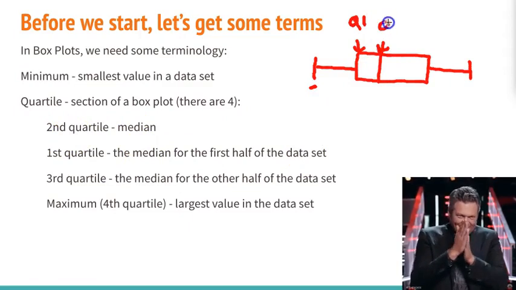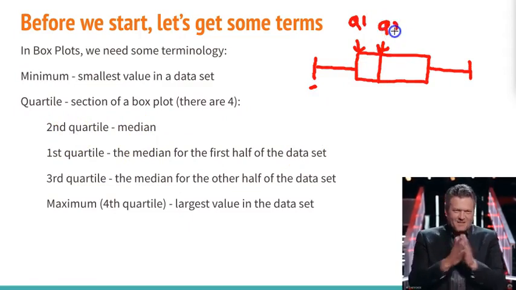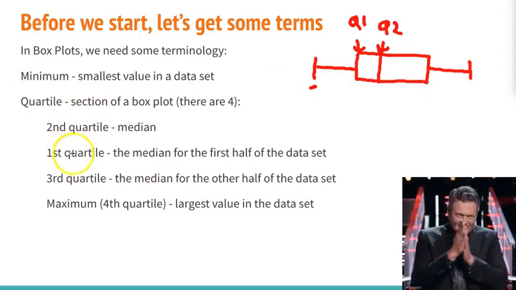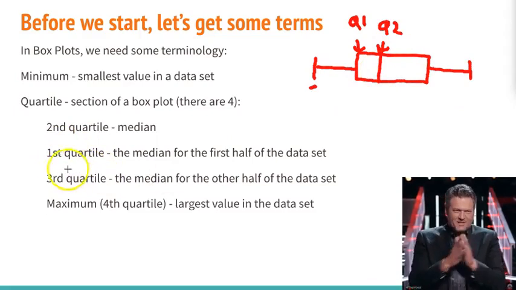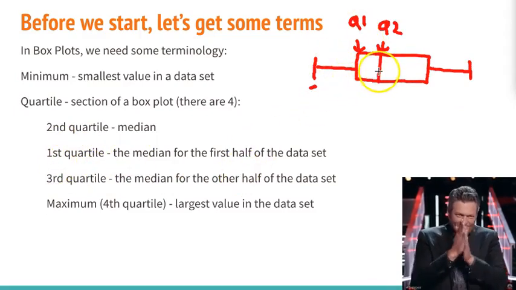We should know what just the regular median is. Okay, so the second quartile, which is right here on this one. Now, that doesn't mean it's always going to stay like this. They're all different shapes. This is just an example size. So the second quartile is the median of all the data. The first quartile is the median of all the data that came before the median.